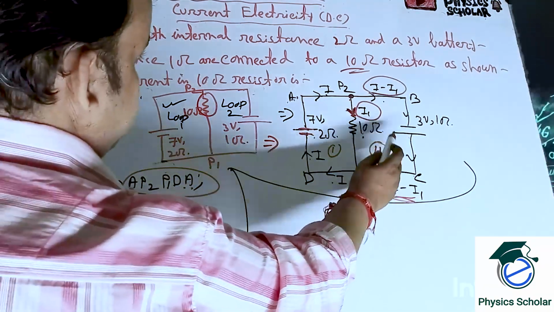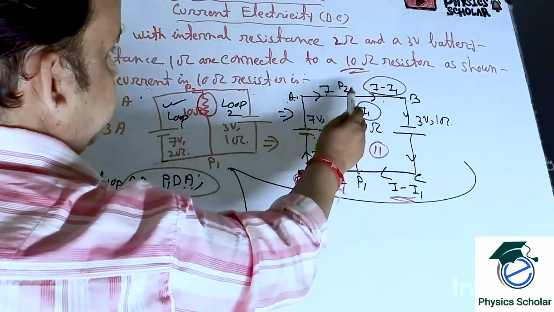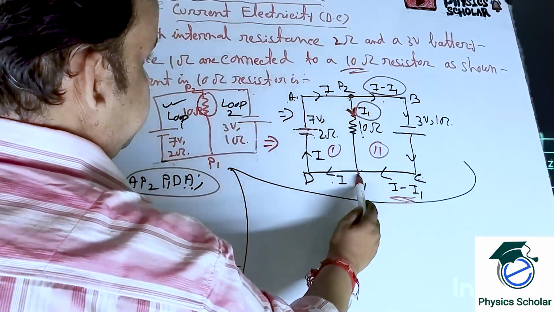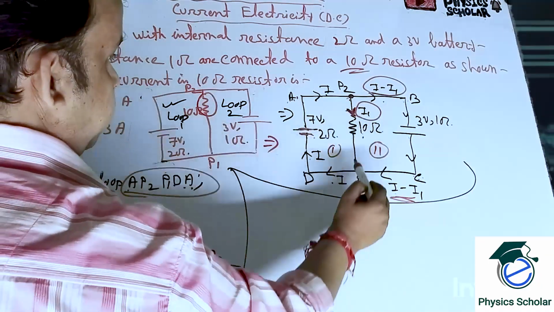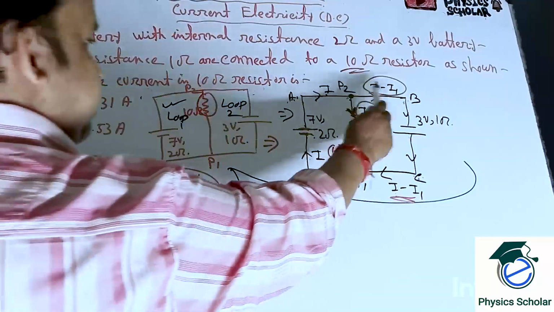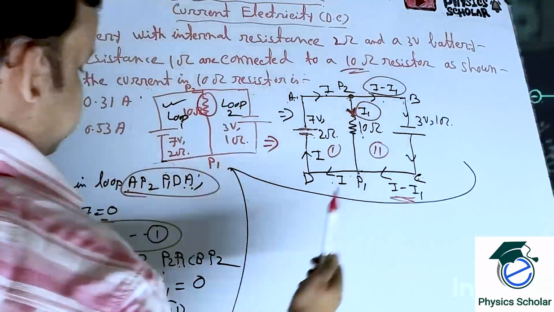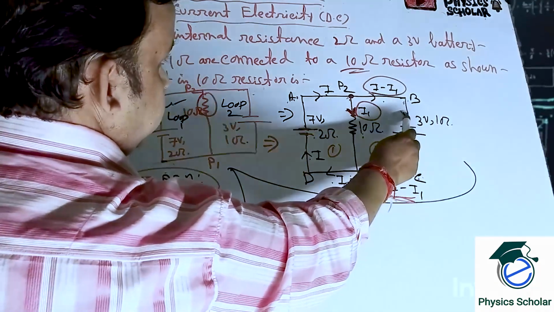Now for this loop, P2, B, C, P1, P2, or C, B, P2, whatever you take, both are the same. Now it is minus 3, because the current is flowing over here.